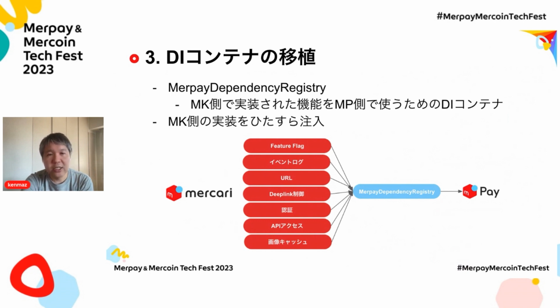So all the dependencies were gathered here, and we injected the Mercari implementation into Merpay. The actual code we collected and injected includes the feature flag functions, event logs, URL destinations, URL switching, deep link control and authentication, API access, and image caching.